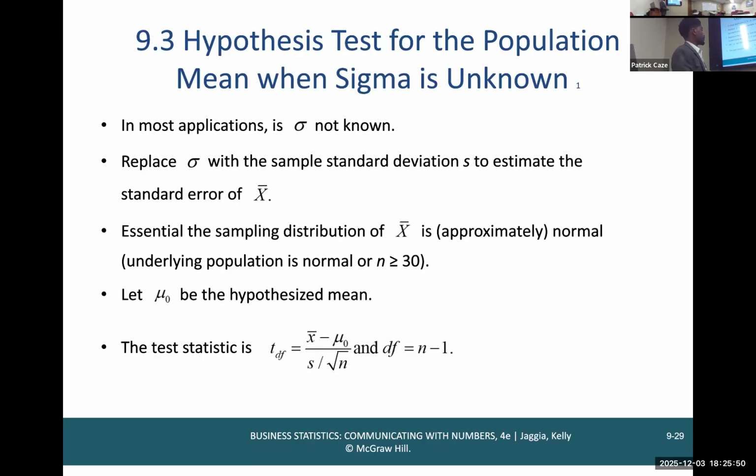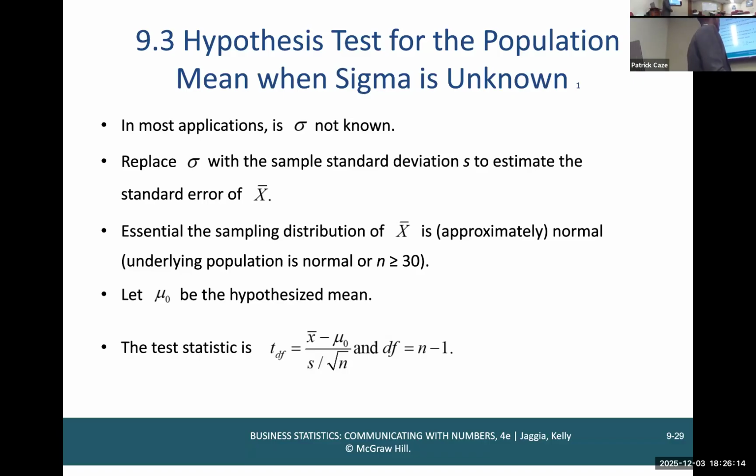So the test statistic for the t, when the sigma is unknown, is t with n minus one degrees of freedom. Whatever the n is, it's just minus one degrees of freedom. There's a t table that we use, so go back to the book and look at the t distribution critical values.